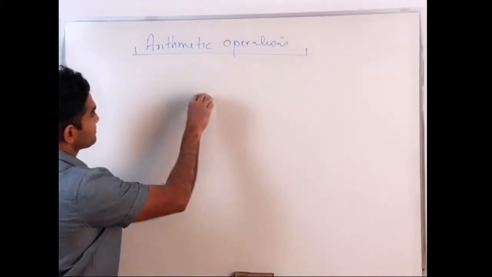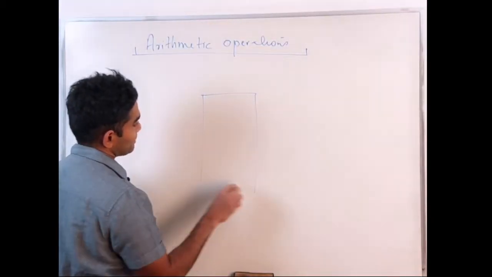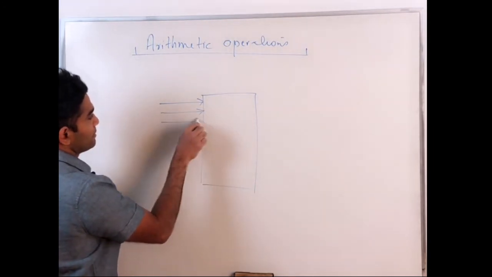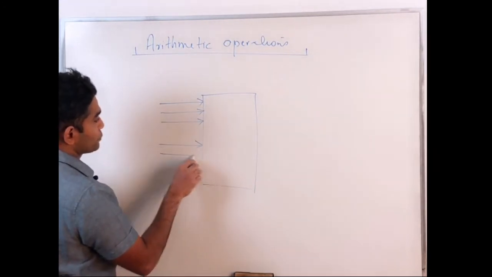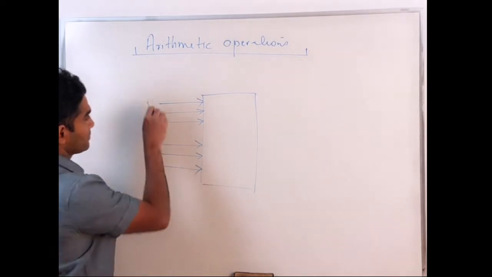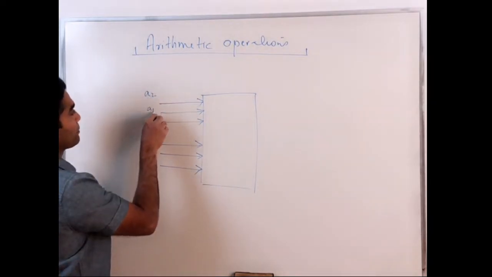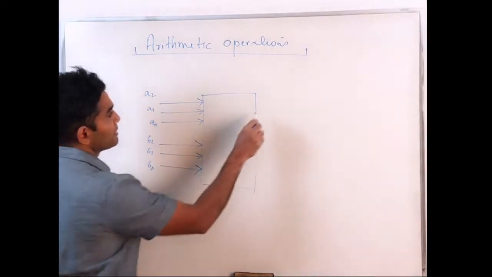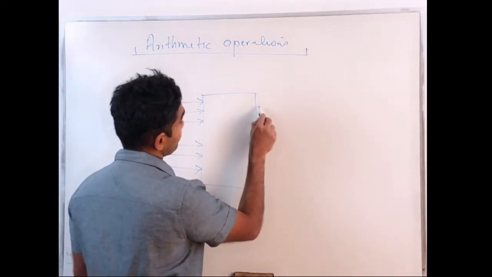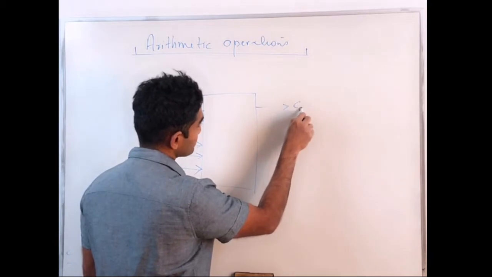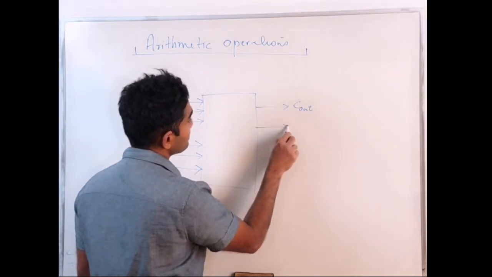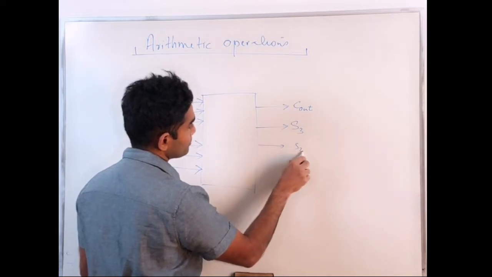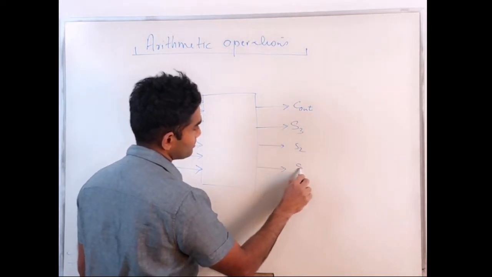In this case, by extrapolation, basically I have 6 inputs going to my system. In this case, I have A2, A1, A0, B2, B1, B0. I have 4 outputs, C out, that's the end carry, and 3 sums, S2, S1, S0.